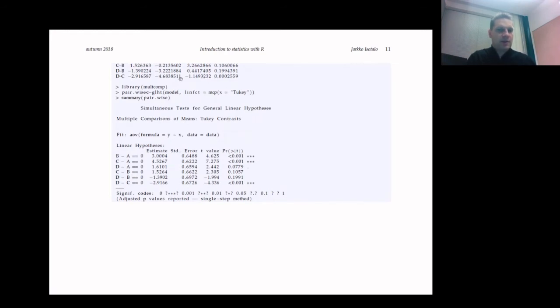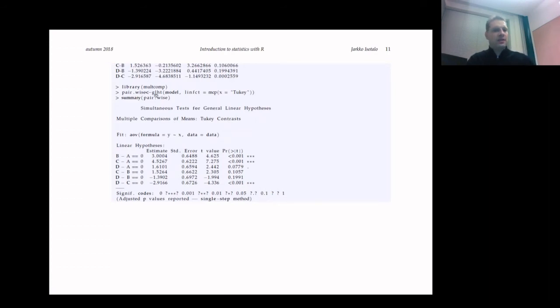And then we can obtain the same result by taking from the library multcomp this function glht. So you need to first install this library, and then use these types of arguments in this glht function, and let's just put pairwise as the name for these comparisons.